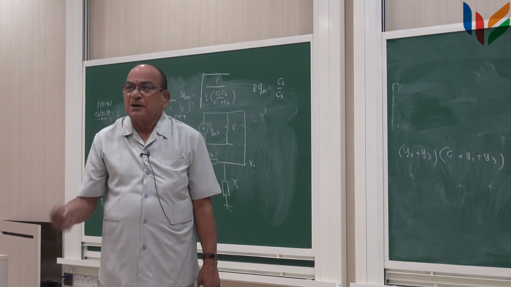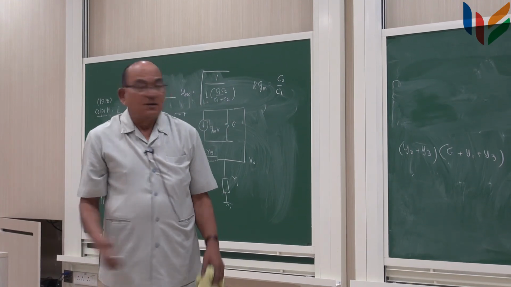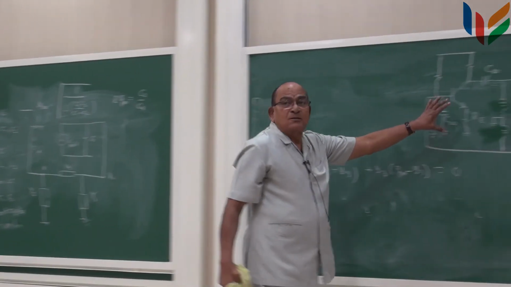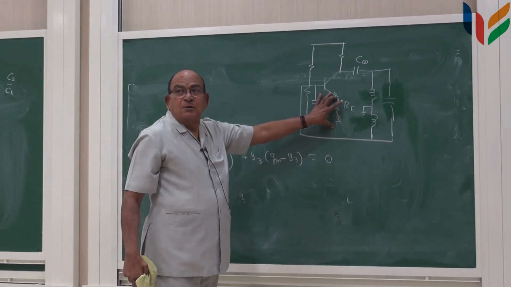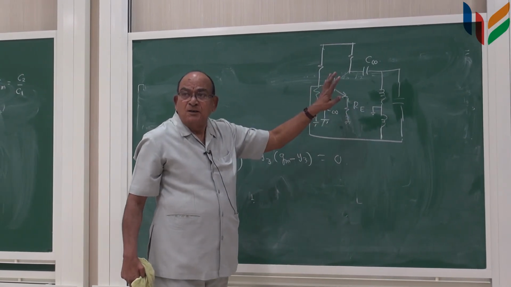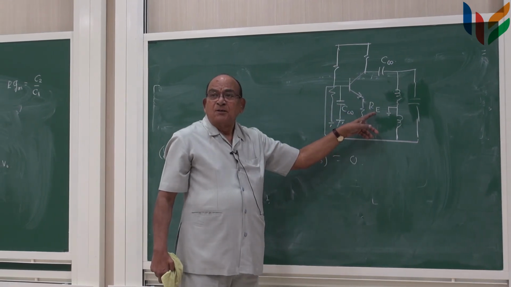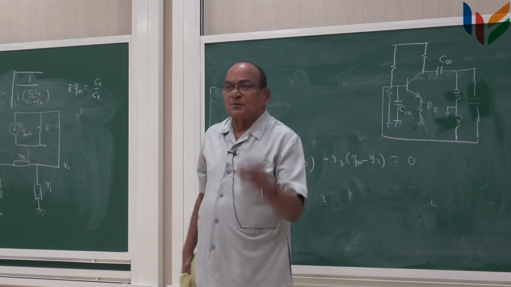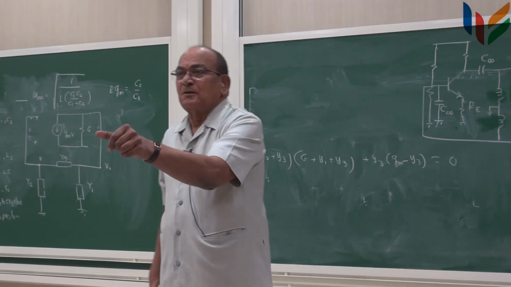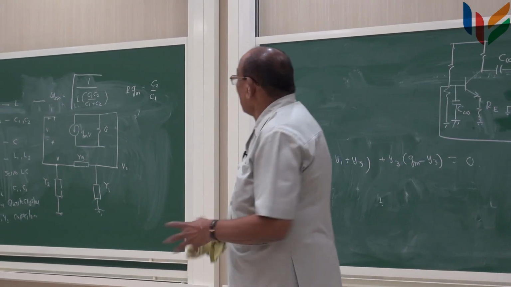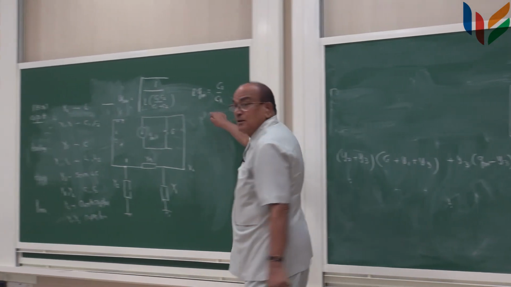Each one has a different condition to be met. And what is the Gm of the circuit? So, remember Gm is equal to 1 by re, and in this case you have emitter degeneration. So, Gm will be equal to 1 by small re plus capital RE. So, that must satisfy this condition that we have here.